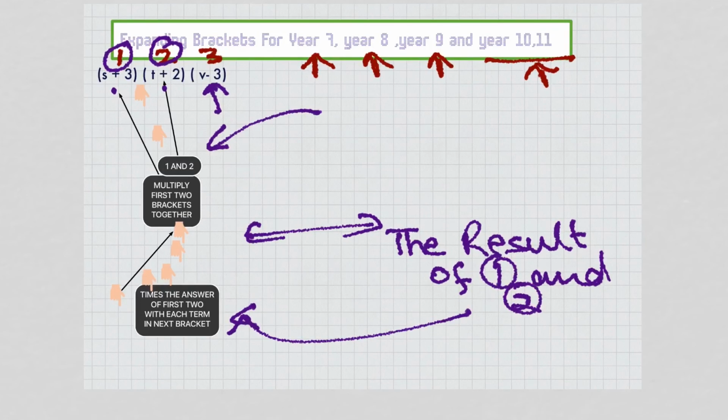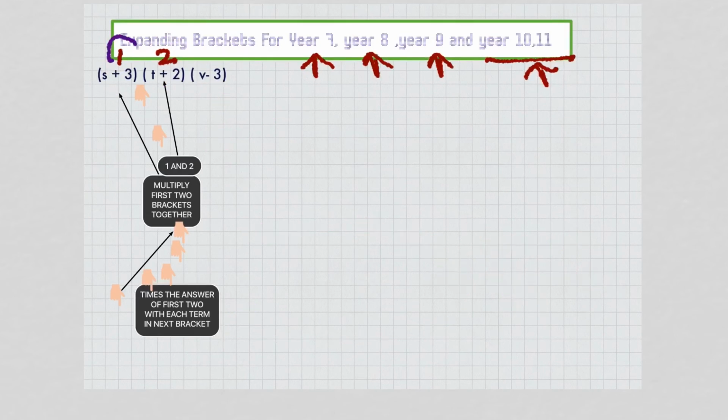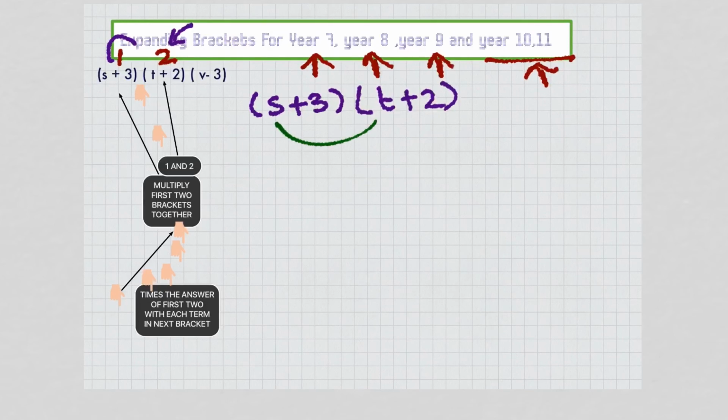I'm going to do one example in front of you, and then it should be all okay. I'm starting with the first 2. Here you can see s plus 3 and t plus 2. Same rules. First, s times t is st. Then I'm going to multiply s with 2, which is plus 2s.